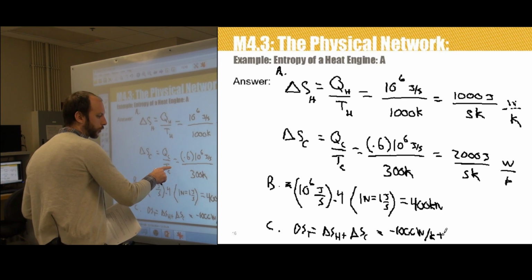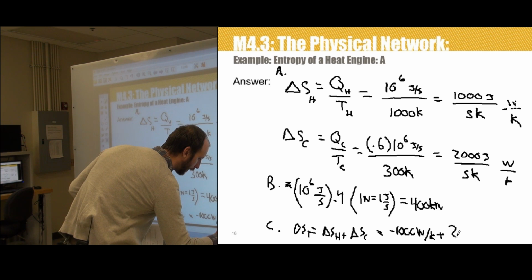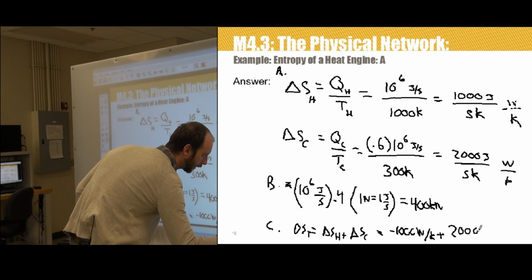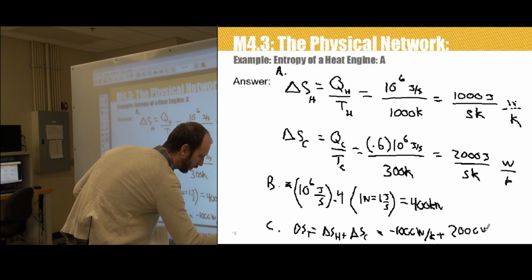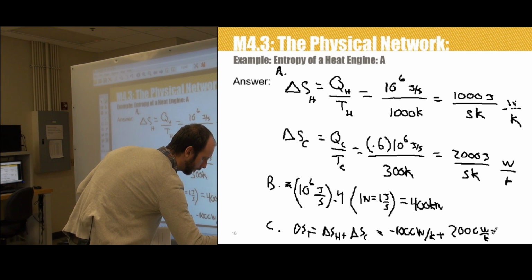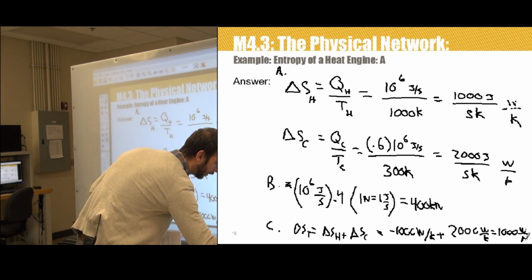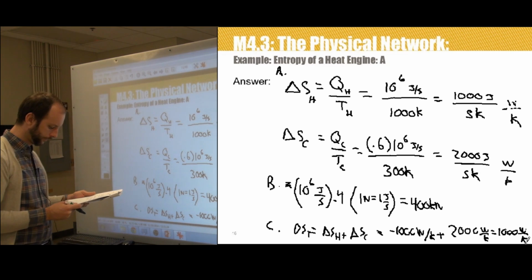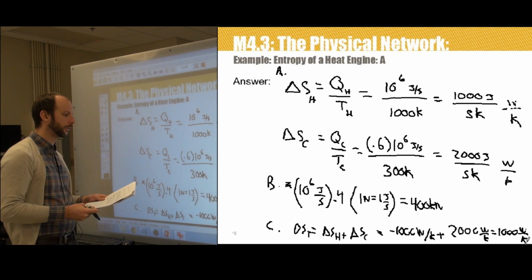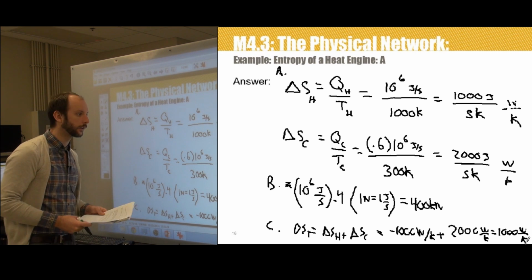And the cold source is what gained the entropy, so it has a positive entropy change. So we get 1,000 watts per Kelvin, or joules per second Kelvin, is the total entropy gain of the system.